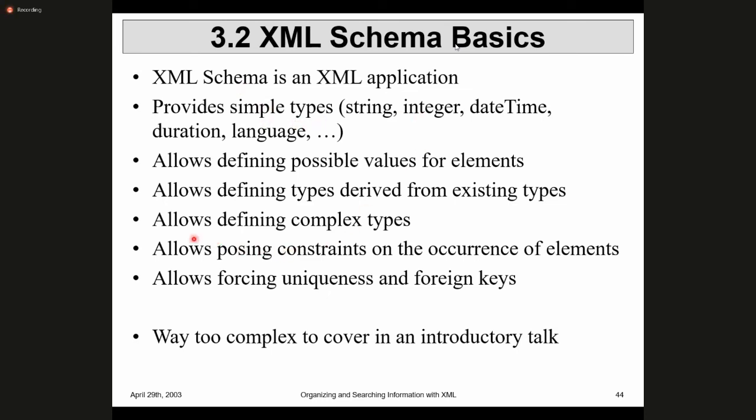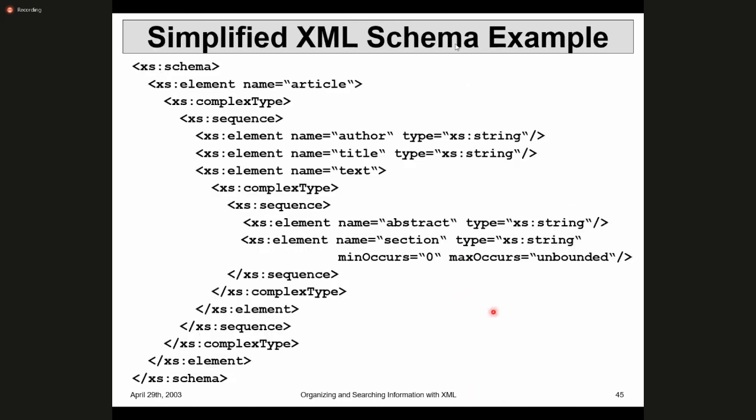Data types, complex types, constraints, uniqueness and foreign keys, everything you have, right? So this is a simple XML schema, right? So you can define the element name, data types, title, data types, sequences, everything, right?